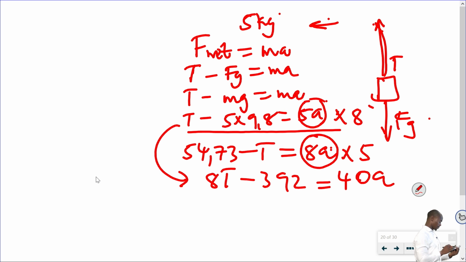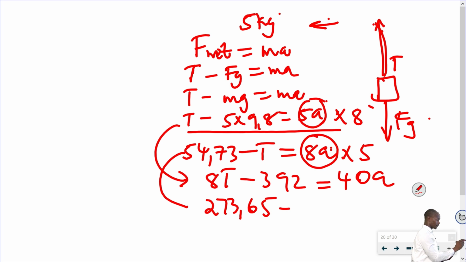The answer is 273.65 minus 5t, because I'm multiplying everything by 5, equals to 40a.